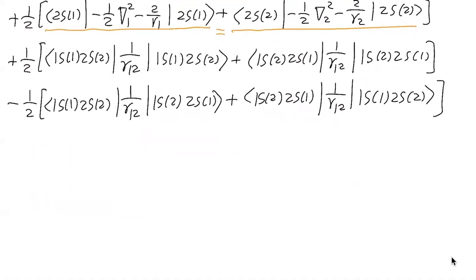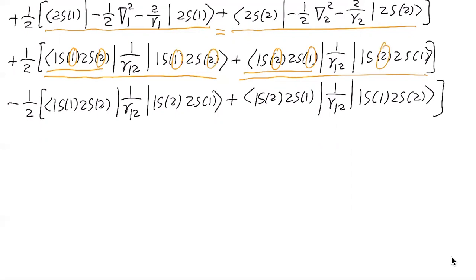Now let's look at the third row. This term and this term, again, they are exactly the same. Why is that? Because here the dummy index is 1, 2, and here the dummy index is 2, 1. You simply exchange labels 1, 2 and 2, 1. And this is, of course, the bra. In the ket, you have 1, 2, and here in the ket, you have 2, 1.